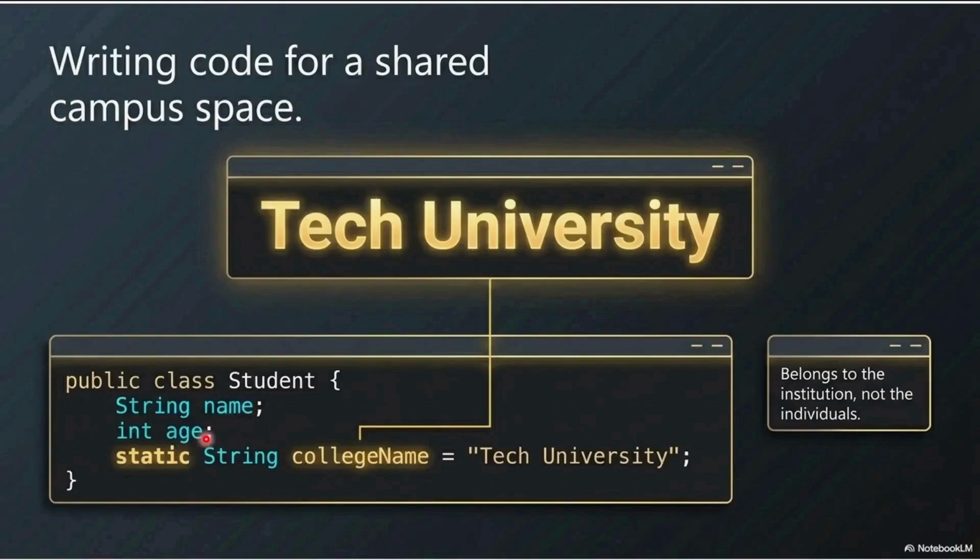So name and age are object variables, whereas this collegeName is static, and all the students will have this common data, that is Tech University. It belongs to the institute, not the individuals. So anything that is common for all the objects, we can declare as a class variable with the help of static. So this variable collegeName becomes a class variable. Okay, so let's move forward.